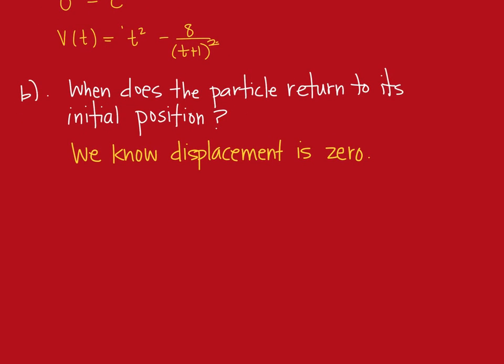Okay, so the definition of displacement is the integral from 0 to an unknown time, which we don't know yet what the time is, of our velocity function, in parentheses, not with absolute value though, just parentheses, and we need to set that equal to 0.